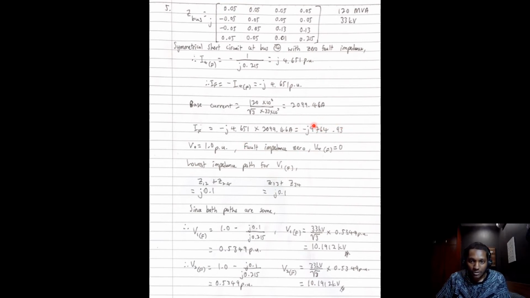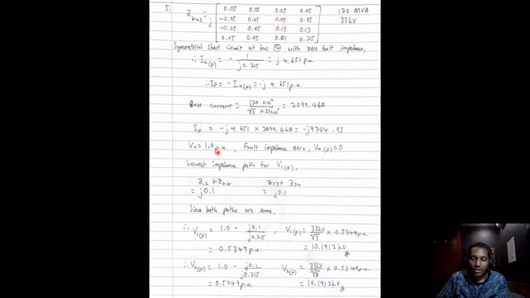And after getting the total fault current, we will be using the per unit value for voltage to find the voltages now. So the fault impedance is 0, which means the impedance is 0 when the fault is occurring.